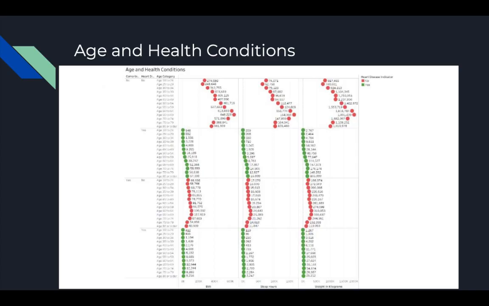For the visual indicators, the red circles represent age groups without heart disease and green circles represent those with heart disease. The size of each circle correlates with the numeric value presented, showing the prevalence or measurements of factors, for example, total BMI, sleep hours, and weight. The correlation between heart disease and age: the incidence of heart disease increases with age, as evident by larger green circles in older age categories.